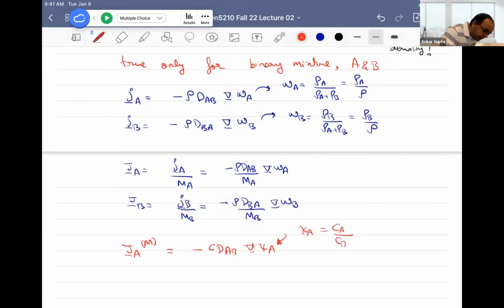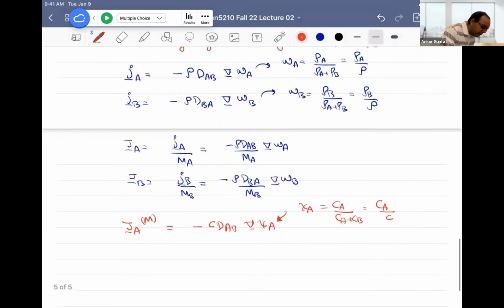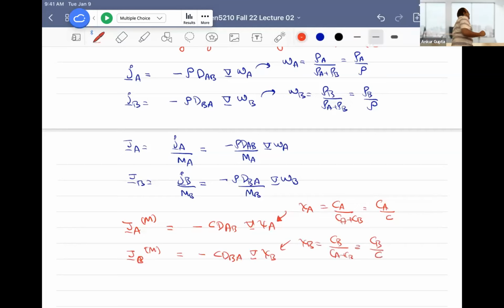Again, it's super important to understand this and be conceptually clear about what is the definition. And JB with superscript M is minus C D_BA, gradient of chi B, where chi B is CB over CA plus CB, that is, CB over C. Okay, I hope that makes sense.